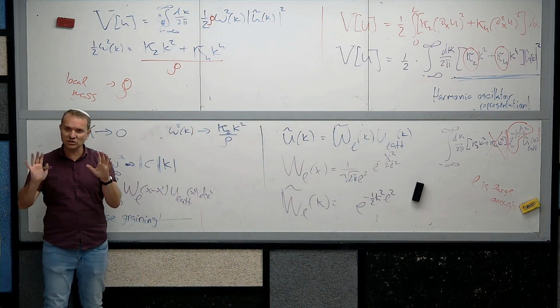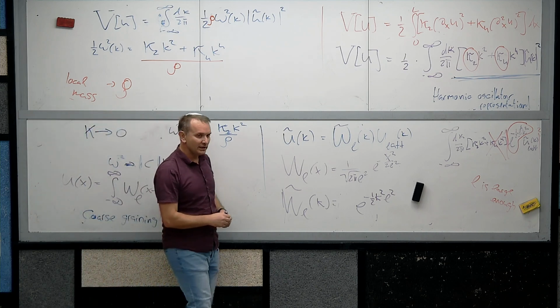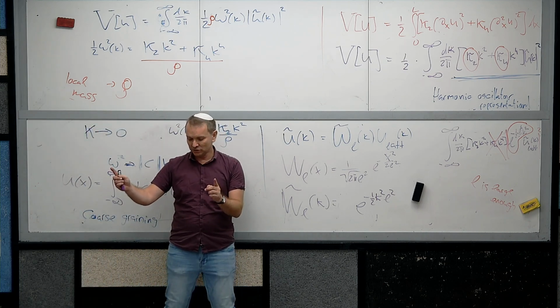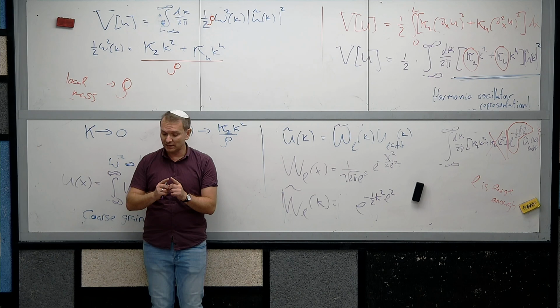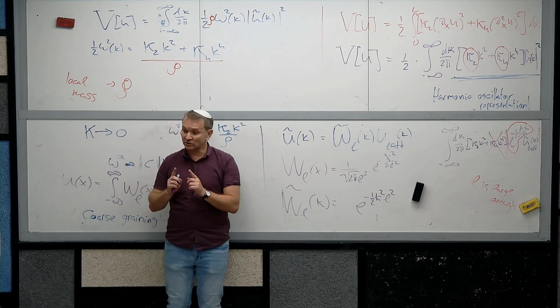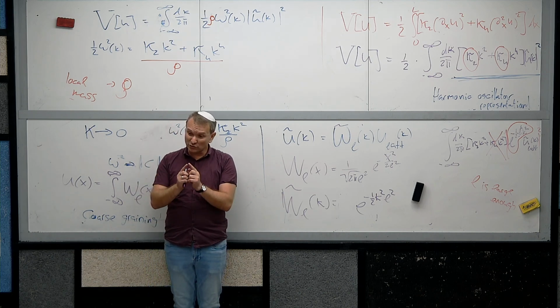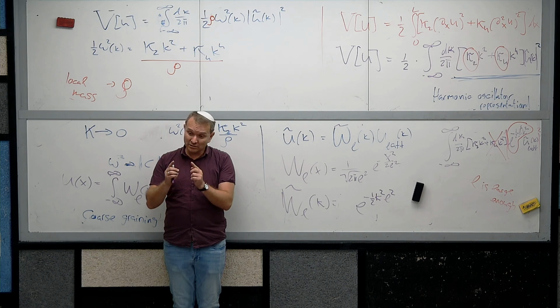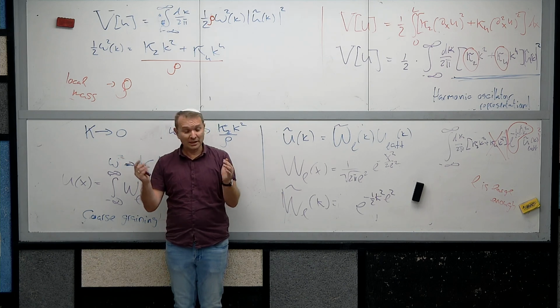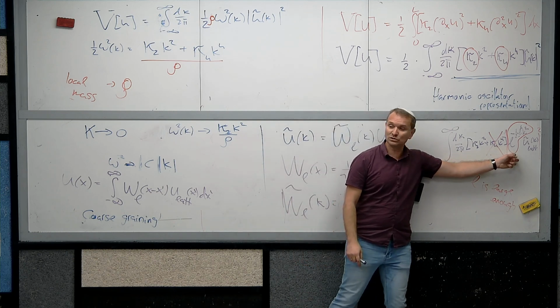This is the general principle. Large x, small k. Small x, large k. You averaged over small x, so you don't care about large k. That's it. And mathematically, you see it by introducing this function.